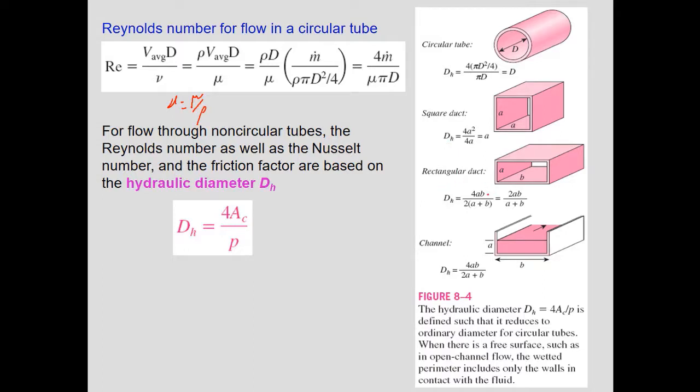For the rectangular duct, again we can calculate the area. AC is AB, so 4AB divided by its perimeter, 2 times A plus B. It can be simplified to this. For a channel, it's a little different. It is similar to the rectangular duct, but the difference is that, because we have friction and heat transfer between the duct and fluid, we should consider only the parts or areas where the fluid is in contact with the duct.